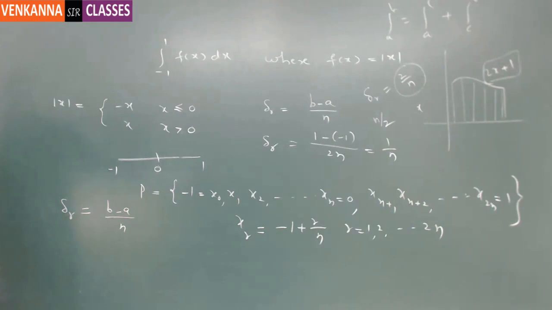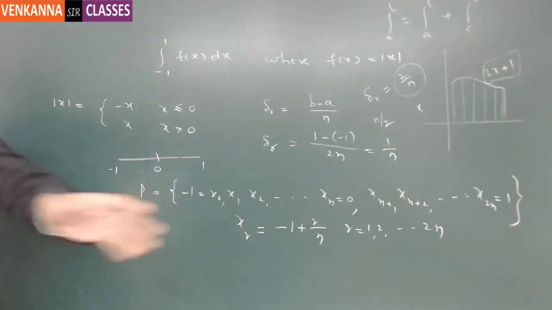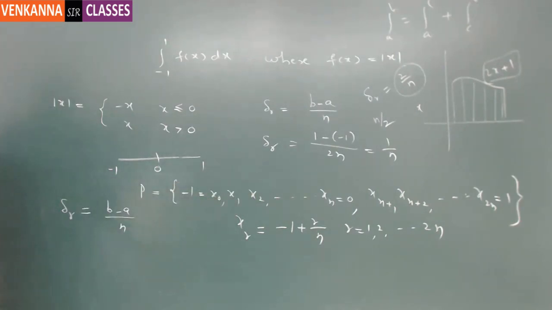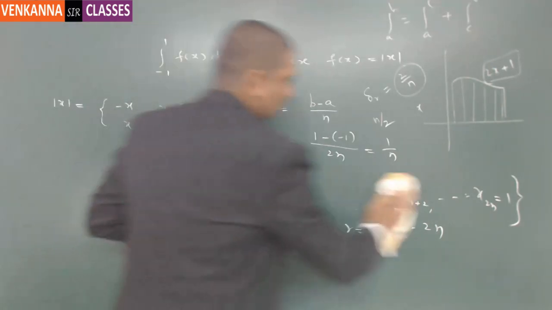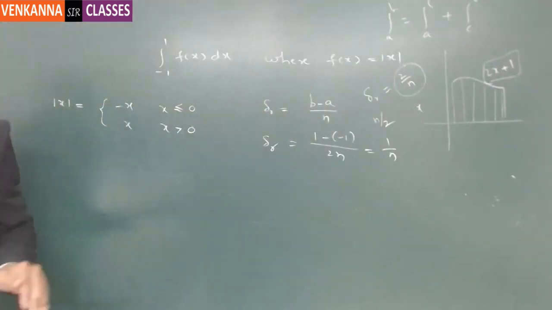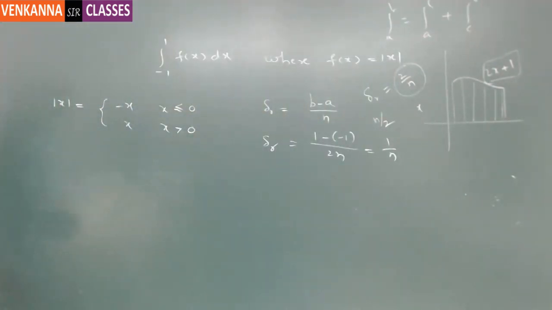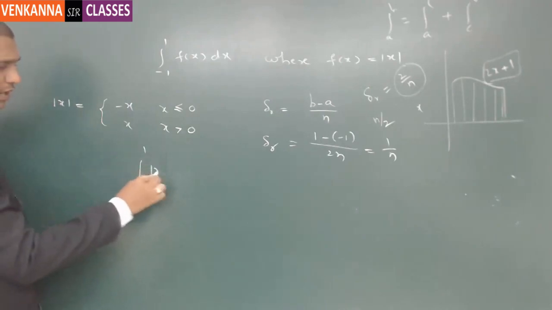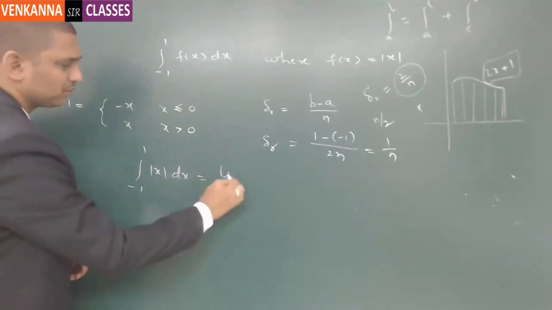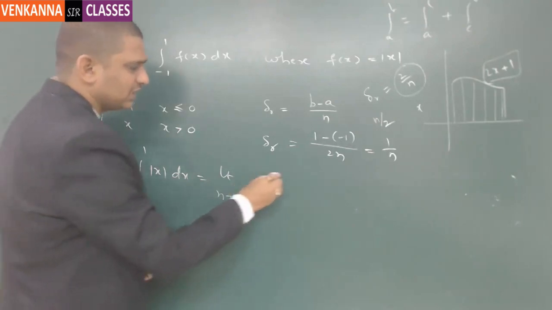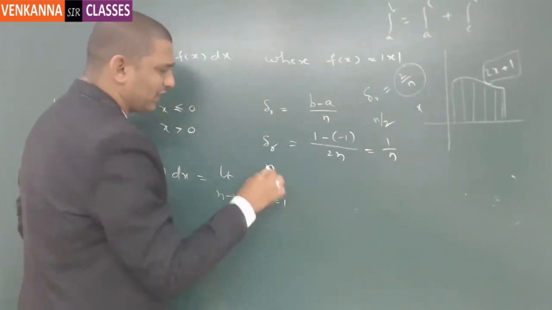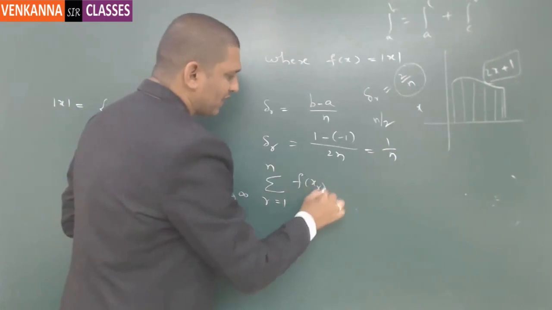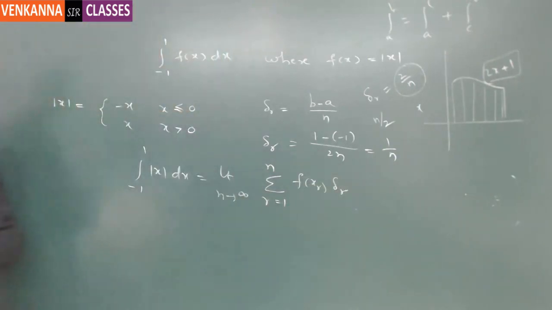Since always we are making n equal segments, to follow the tradition I have done like this, to avoid confusion in the simplification. Because, let me say, if we have taken only n parts, as per the definition I have mentioned, integral -1 to 1 mod x dx is equal to limit n tends to infinity summation r is equal to 1 to n f of xr into delta r. Accepted?